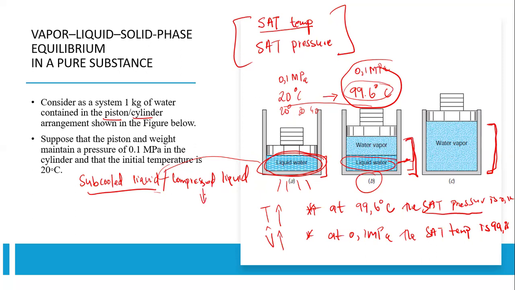The compressed liquid talks about the pressure that should be greater, by the way. For pressure, it is greater. For temperature, it is less. Here we have lesser temperature than the saturation temperature, and therefore here we have greater pressure than the saturation pressure.